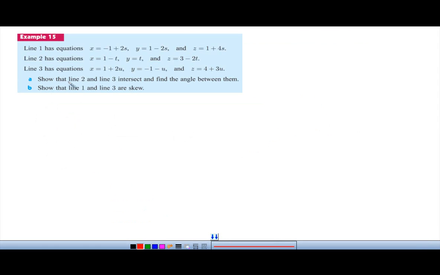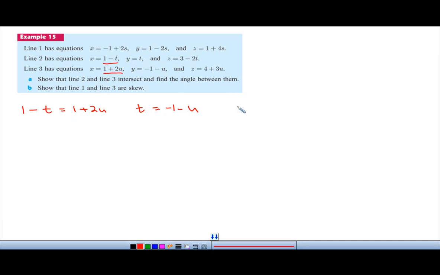We want to show that lines 2 and 3 intersect, and then we need to find the angle between them. So lines 2 and 3, what I'm going to do is take the x and set them equal to each other, right? So 1 minus t is going to equal 1 plus 2u. All right, and then we have t is equal to negative 1 minus u.